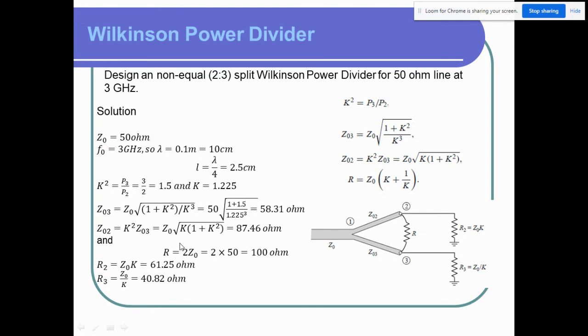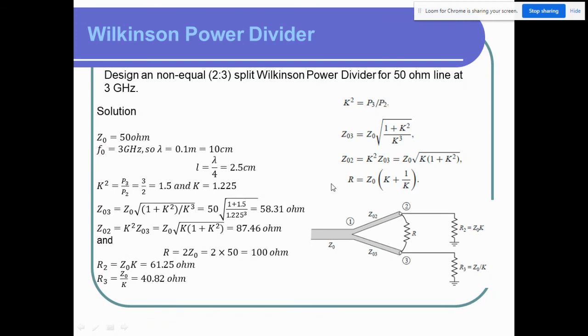Okay, I think I have made a mistake here. This whole thing, I think it's wrong. To make it clear, you need to use this equation, guys: 50 multiplied by 1.225 plus 1 divided by 1.225. Whatever value it gives you, you need to use it here.